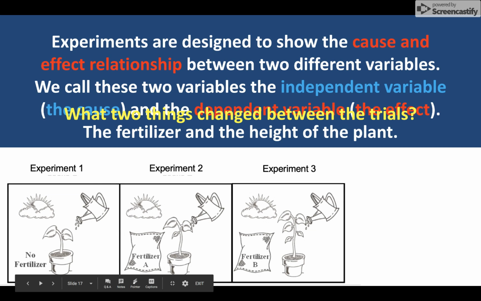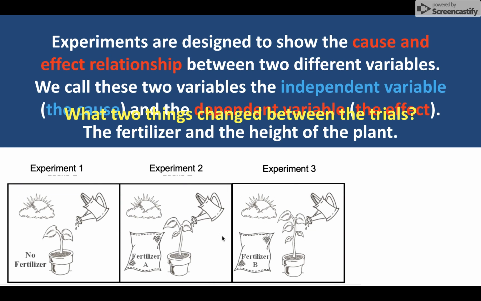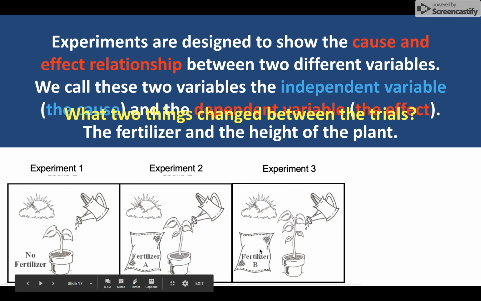The only possible reason why the height of the plant is different is because of the change in the type of fertilizer. So we changed the type of fertilizer, and therefore we had a much higher growth of plant in this third experiment.